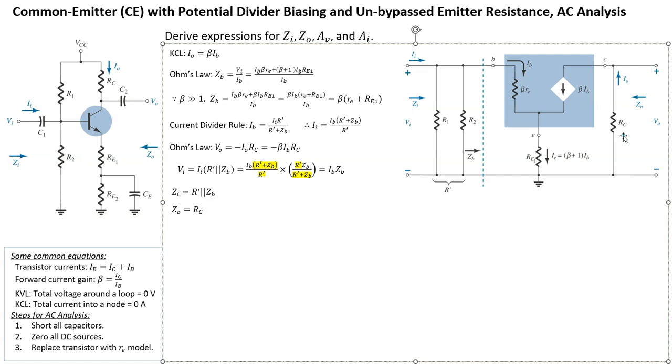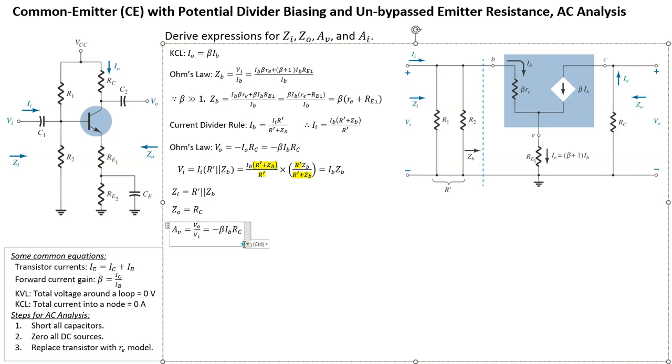What is AV? The voltage gain is simply defined as the output voltage divided by the input voltage. That's the definition of the voltage gain, AV. We have an expression for VO, so we put it there, equals that.